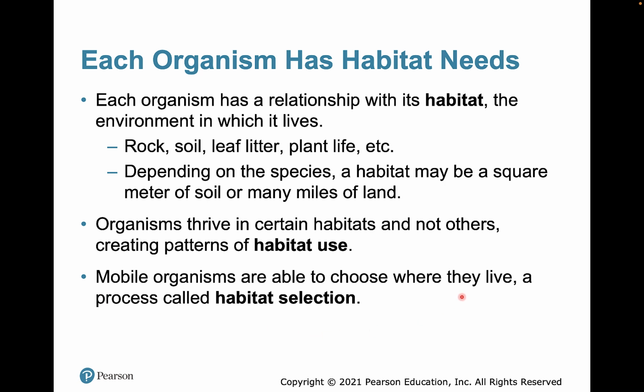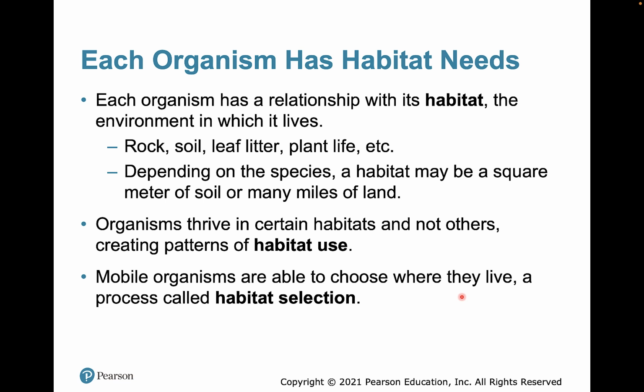Each organism has a relationship with its habitat, which is the environment in which it lives. And there's any variety of those. Depending on the species, the habitat could be a 3 1/3 foot by 3 1/3 foot plot of soil, or many, many miles of land, thousands of square kilometers or square miles of land.